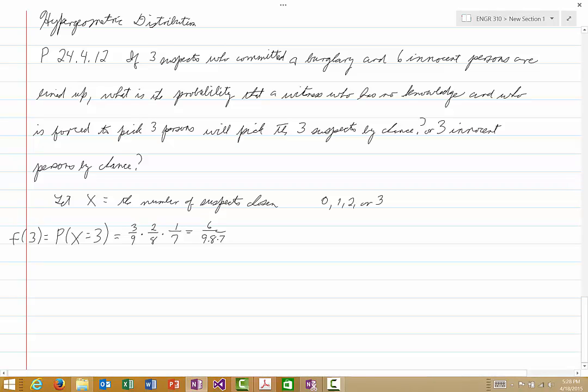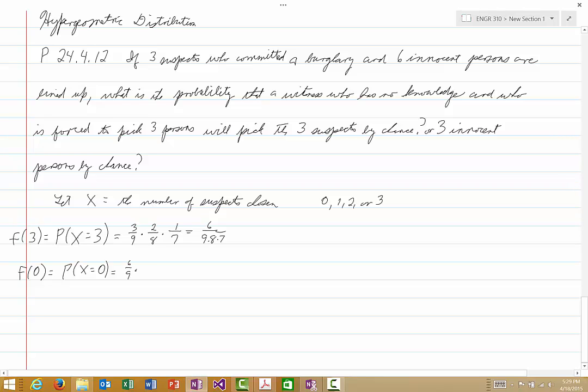And likewise, the probability that he gets no suspects at all, in other words, that he gets all innocent people, I think that one is pretty easy to calculate. Okay, let's do that. The probability that he gets an innocent person with his first choice is 6 out of 9.